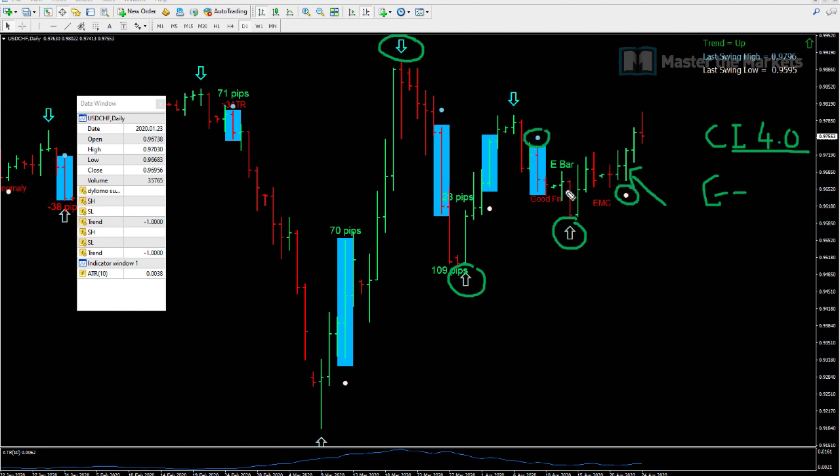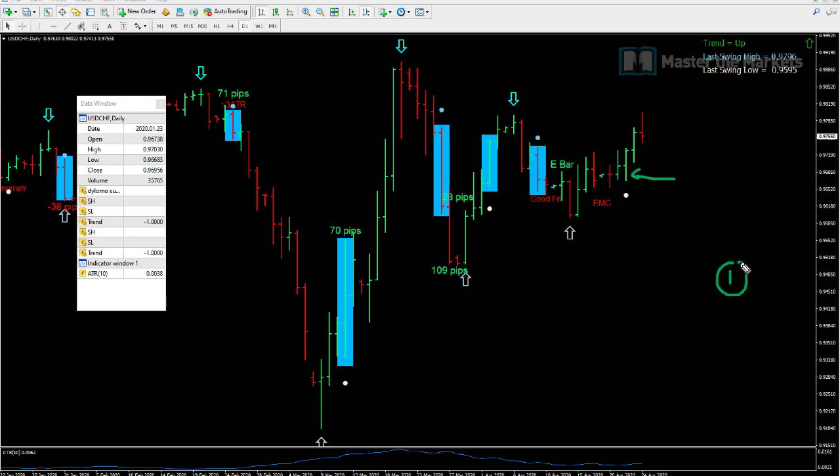When the bar has the dot, that's when this arrow appears. If the dot isn't there, let's say for here, then it won't appear in real time. So the entry is pretty much simple. We just enter on the confirmation bar with the dot. On the dot we enter.